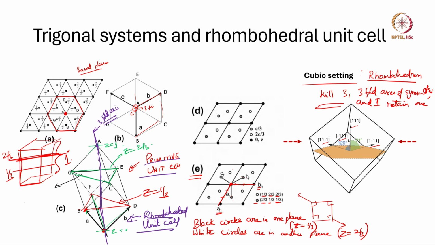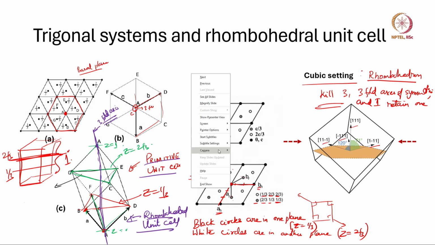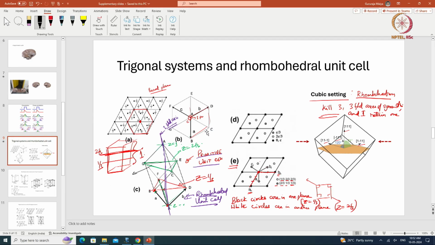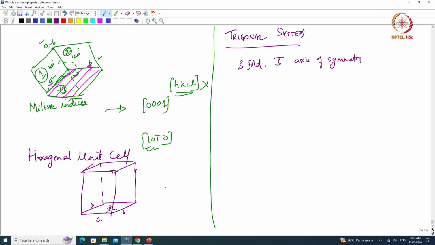Right. So, in general, I have a rhombohedral unit cell, and this captures the threefold axis of symmetry.